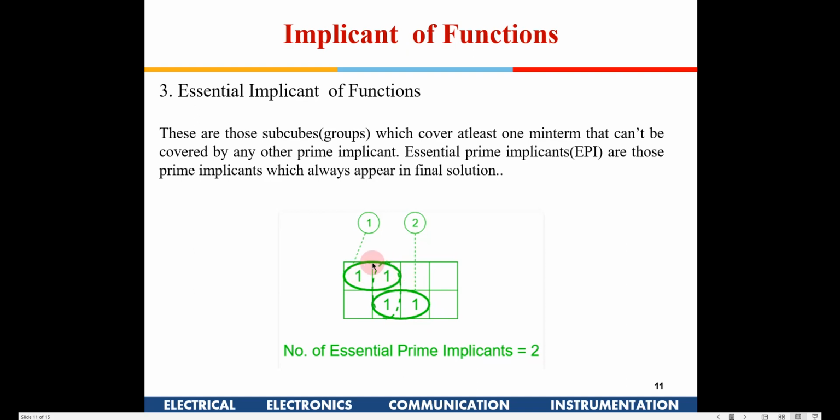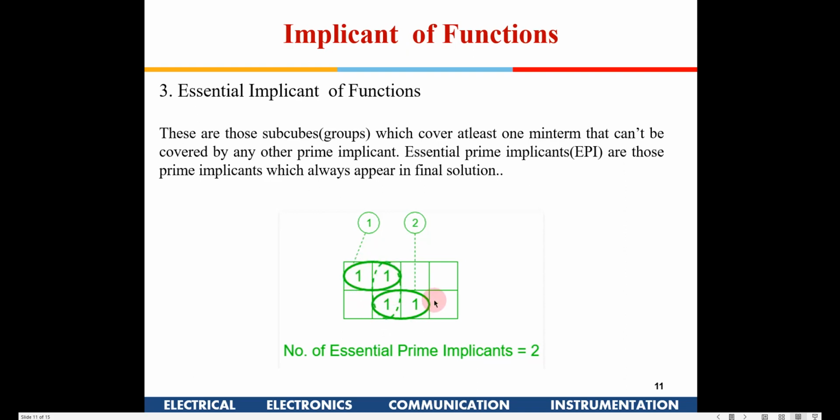Similarly, this one cannot be done away with, so this grouping has to be there. These are known as the essential prime implicants. Whereas the third grouping, shown in dotted, this vertical one, is a non-essential grouping, because there are many ways that those ones can be covered.